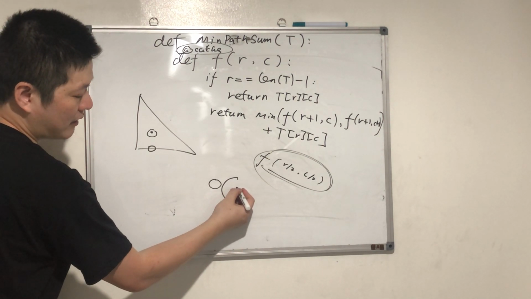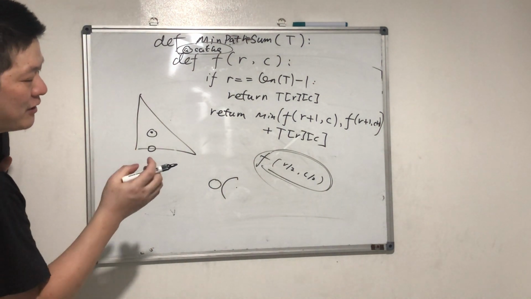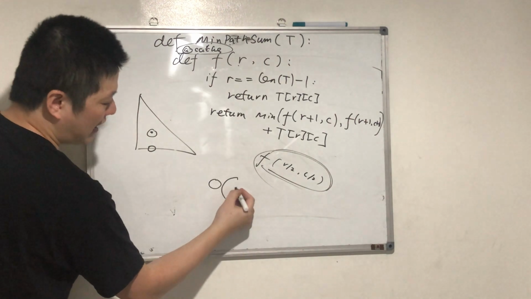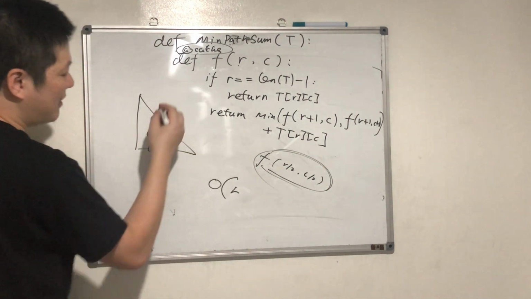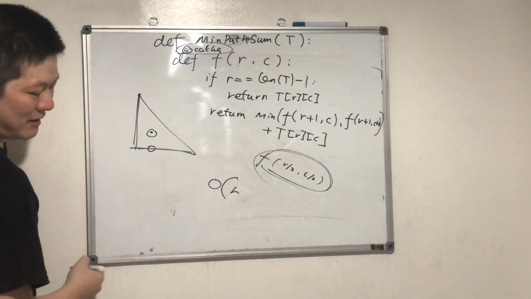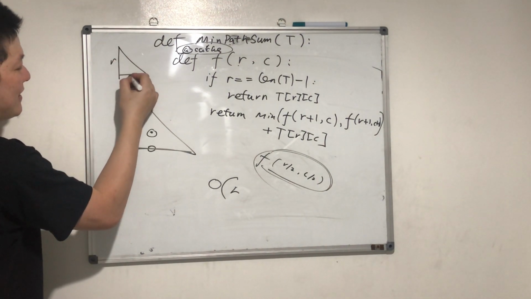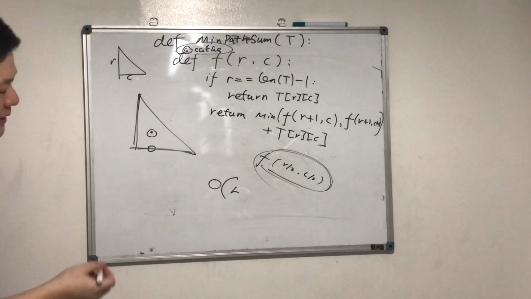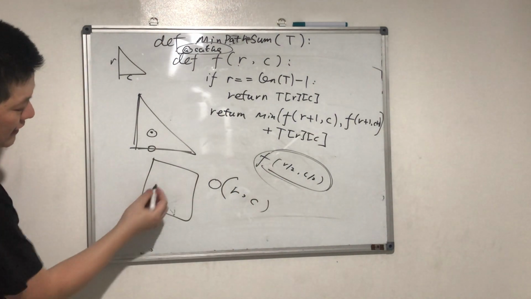How many values do we need to calculate? R times C, or R and C? Come on. What's the area of this triangle? If this is R, this is C, this is a square.